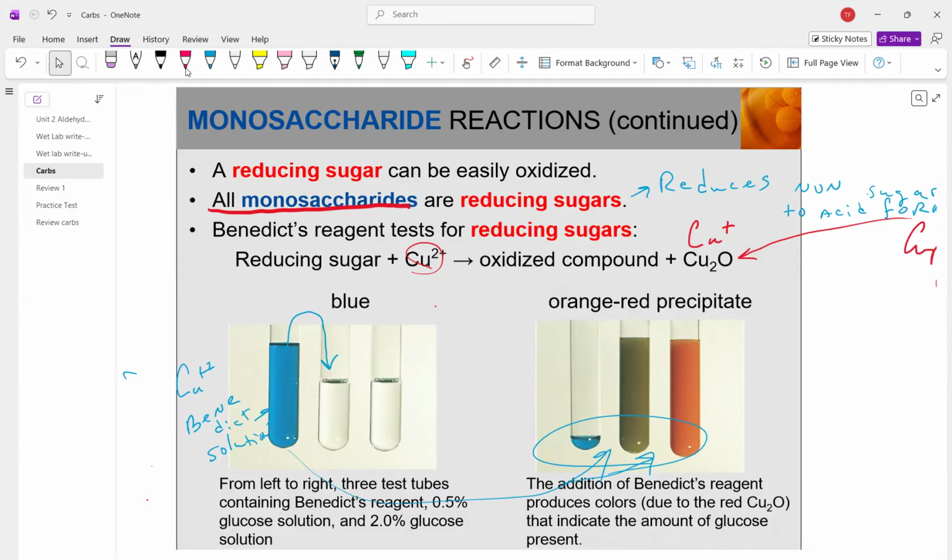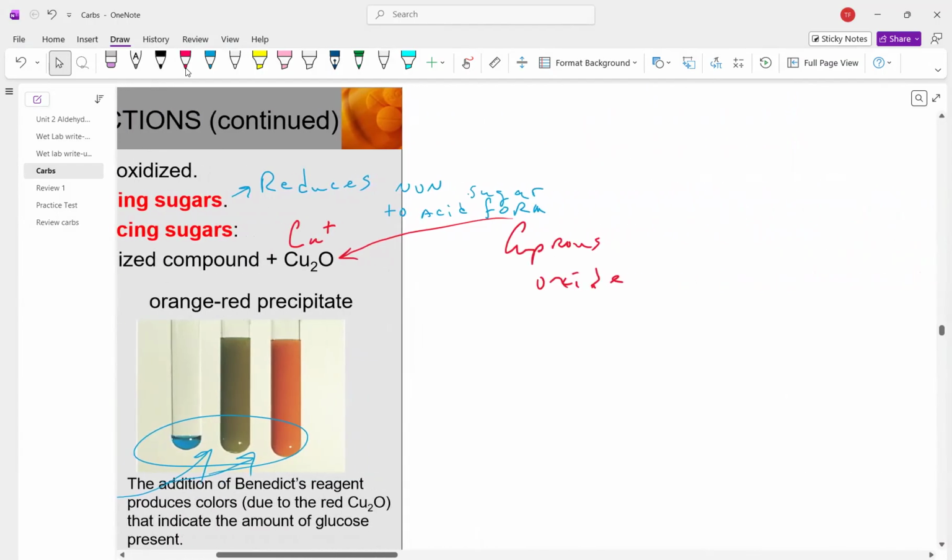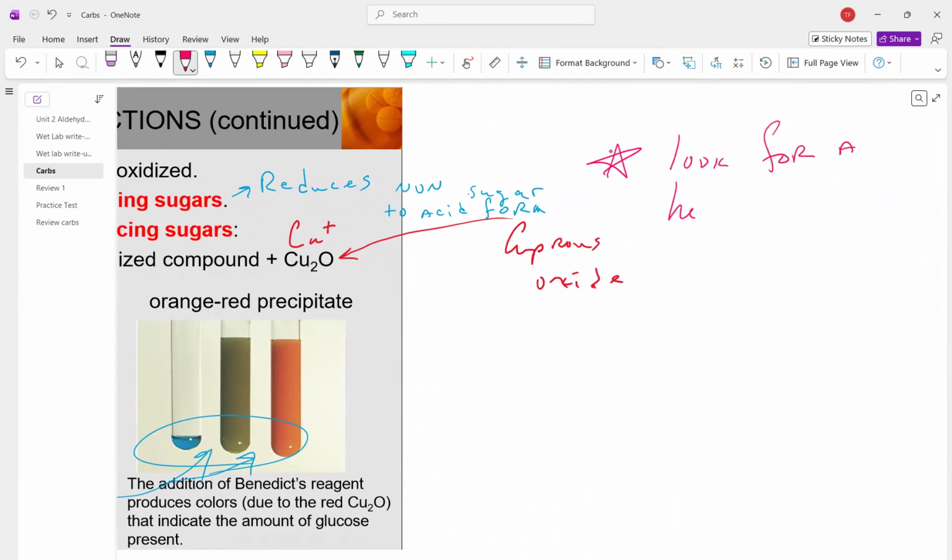Look for hemiacetal. So if hemiacetal is present, boom, it can be oxidized because it opens up to an aldehyde.